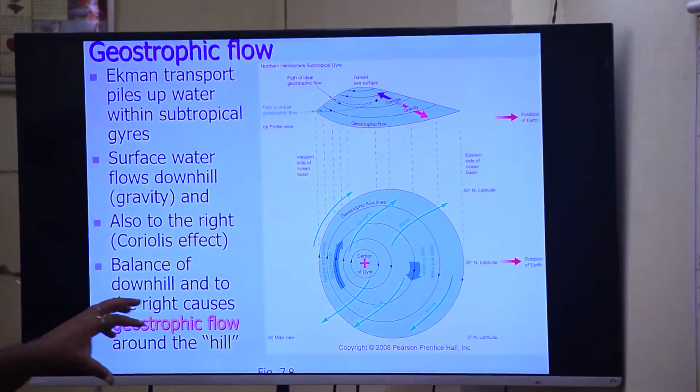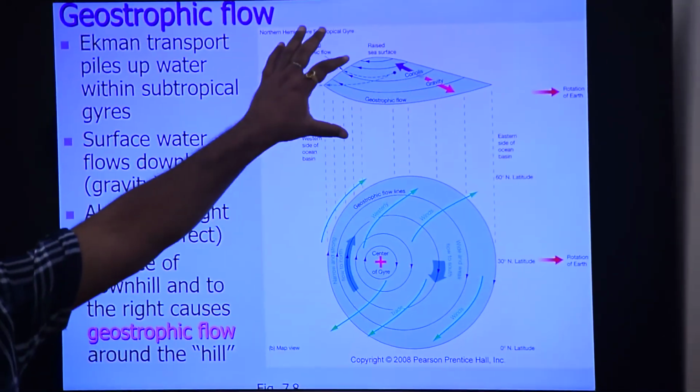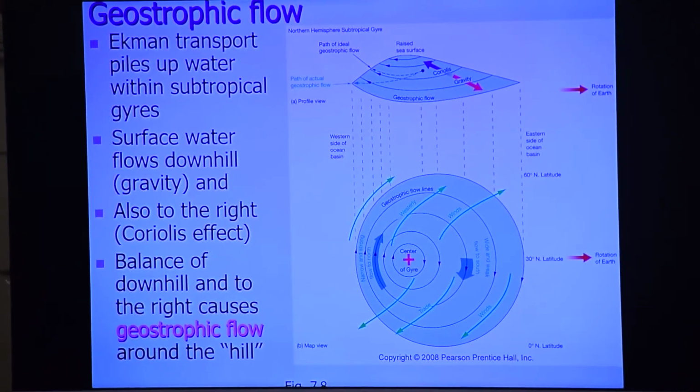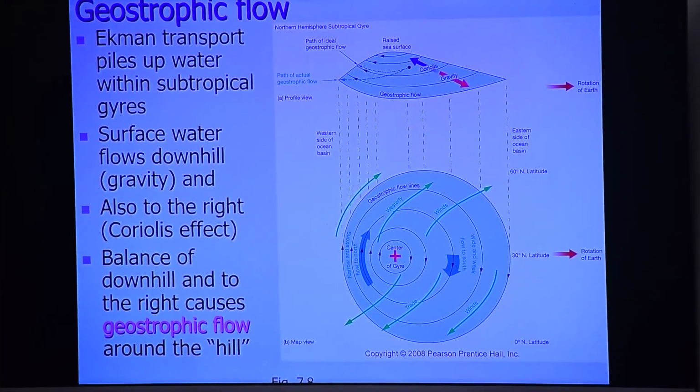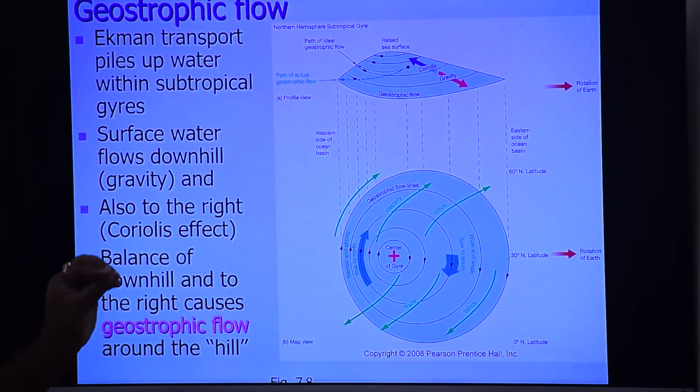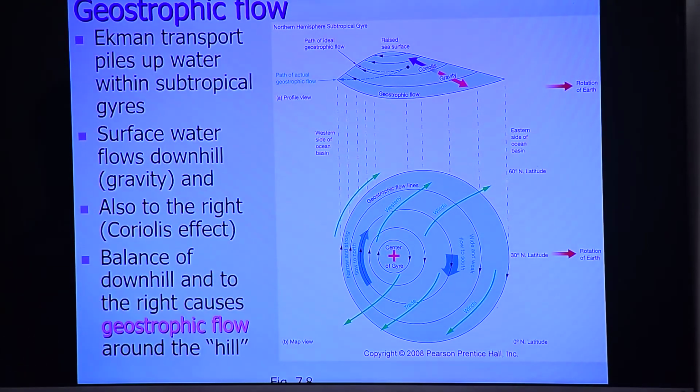Understood? This is a kind of geostrophic flow that takes place near the Gulf Stream current that you have seen and the nearby Kuroshio current in the Pacific. That is, the geostrophic flow is forming near the eastern coast.